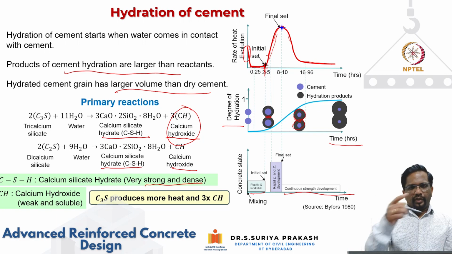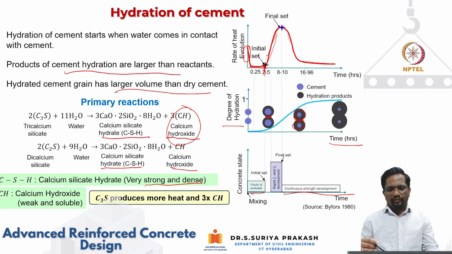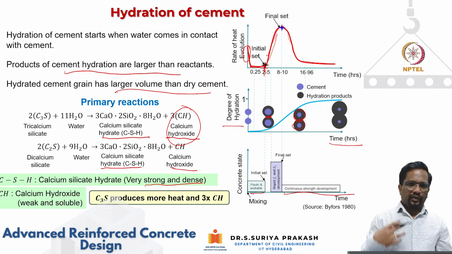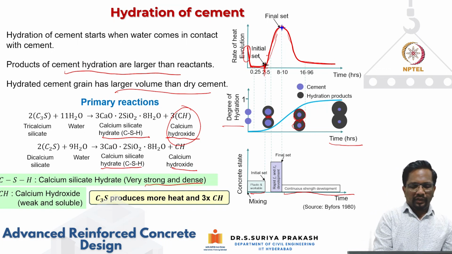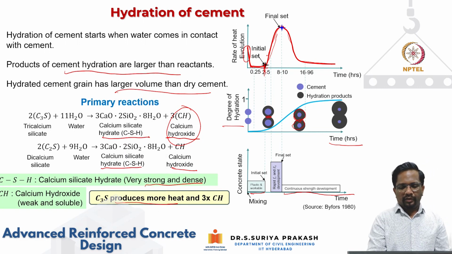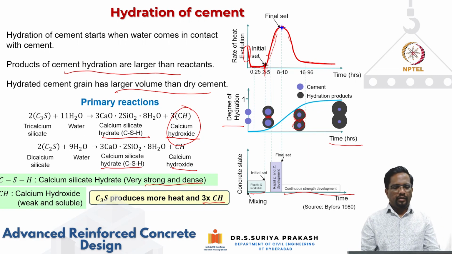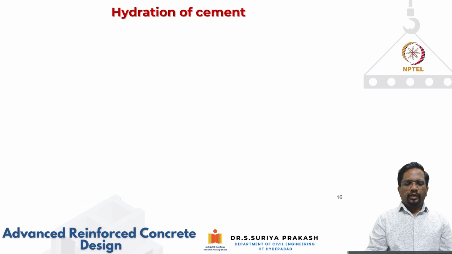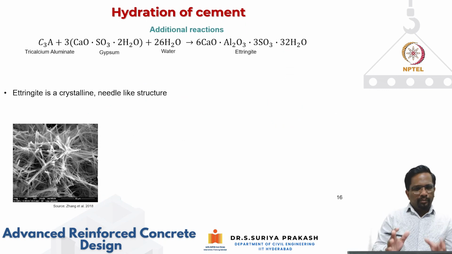In terms of the rate of reaction, C3S and C3A react faster. So initially C3S is going to produce more heat, but at the same time it is also going to produce more calcium hydroxide than dicalcium silicate, which is C2S. So now these are the primary reactions.